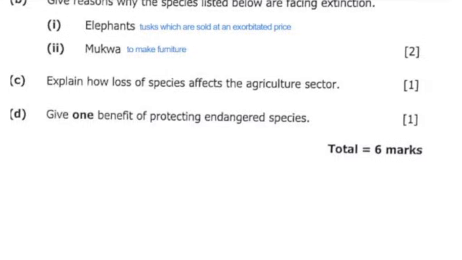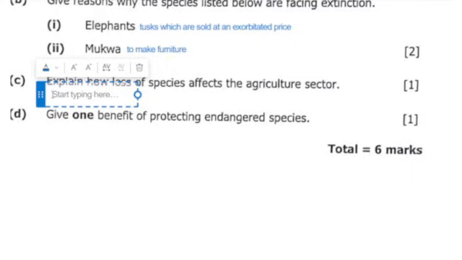Question C is as follows. Explain how loss of species affects the agricultural sector. So they just want us to give one reason. How does this affect agriculture? When there is a lot of cutting of trees, that means there will be drought.